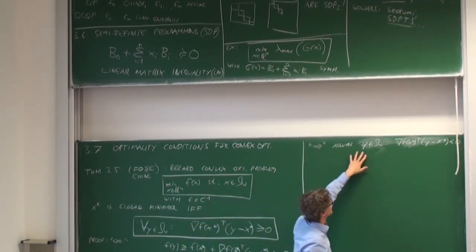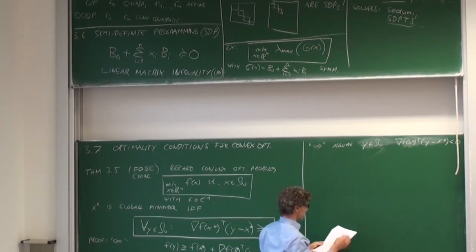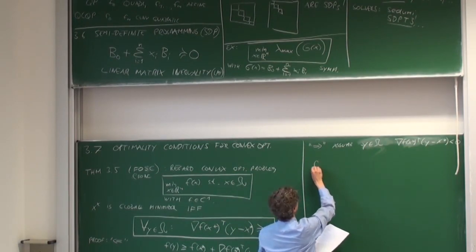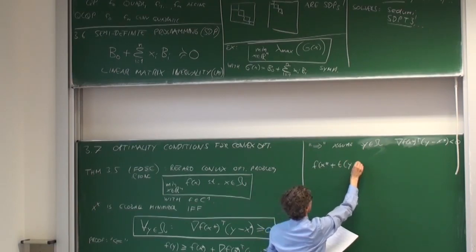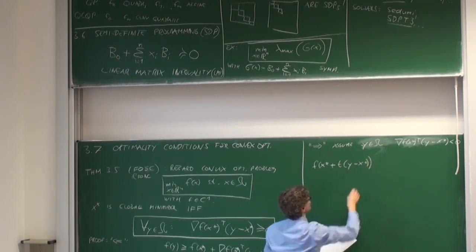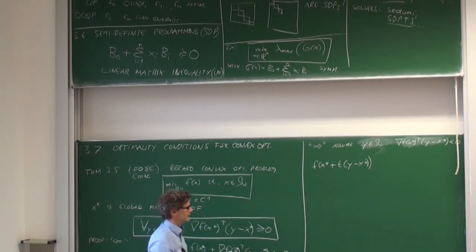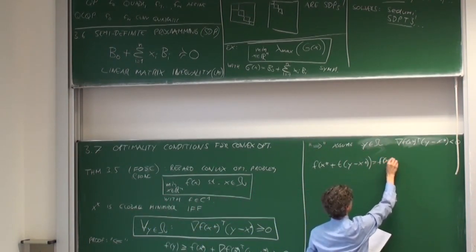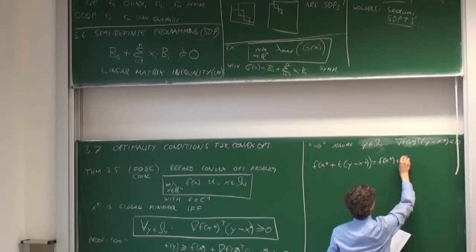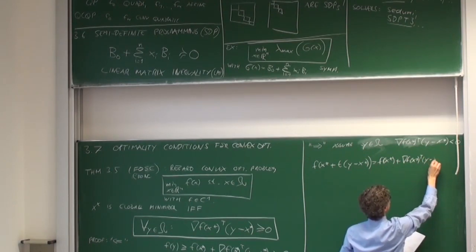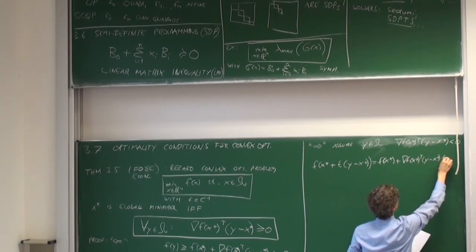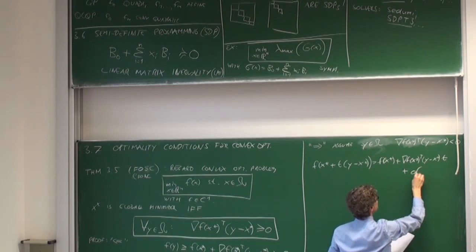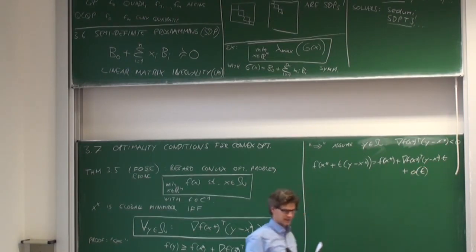So let's just construct that, and what we will do here is actually we will regard the line between x star and y. So we regard the function on a short line, and we know that this is given by just using normal Taylor expansion by the gradient of f of x star transpose y minus x star times t plus some error which is little o of t, because it's a C1 function.